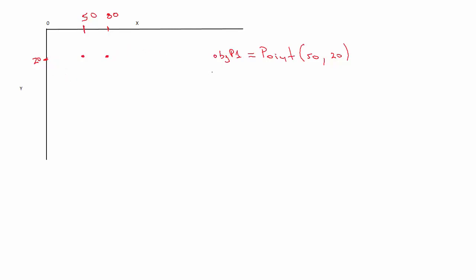So now if I want to write the code to draw that next red dot, the command will be, I'll have to give a name, let me call it objp2. That is also a point, and the coordinate for that is up here 80, and we see that the coordinates for Y is 20, and this second line now will create the next point.